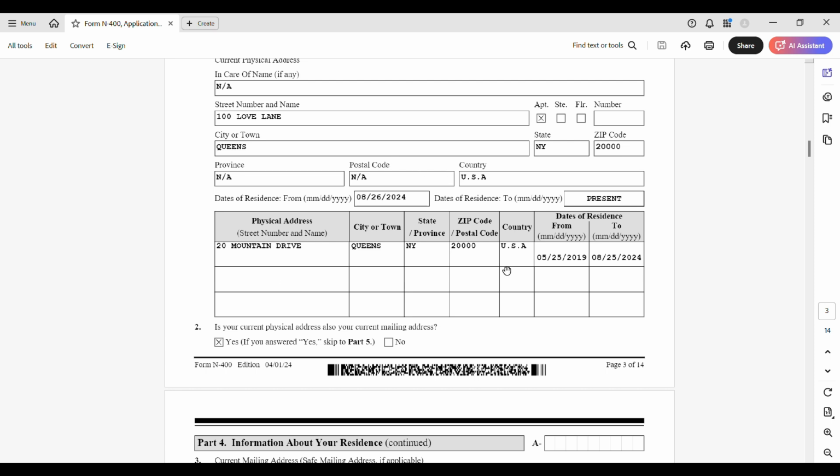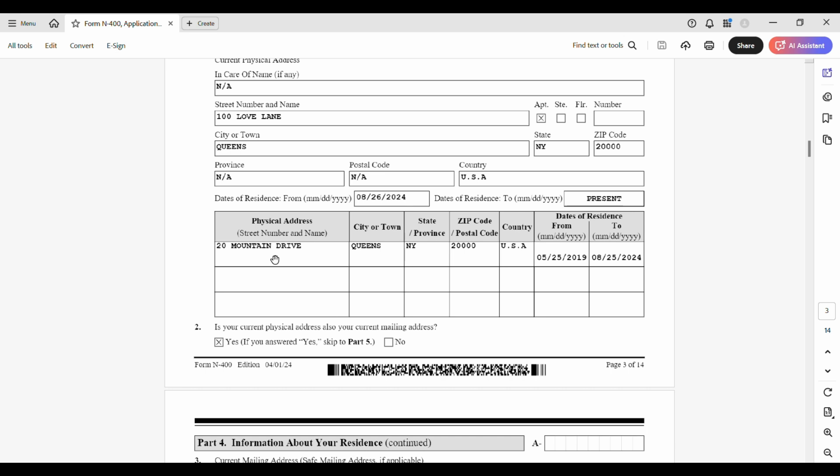We would not need to put any additional address in this box. Instead, we would indicate not applicable in these spaces. Since that's not the case, we are going to fill in information in this box.